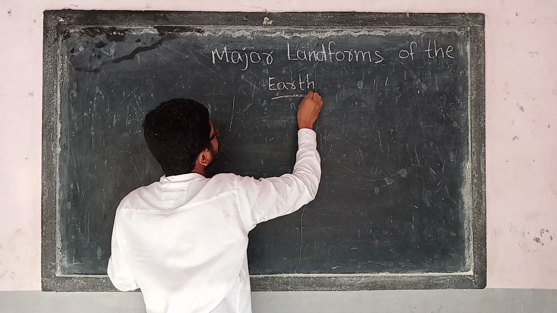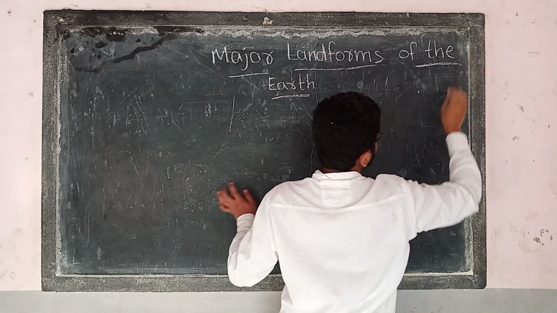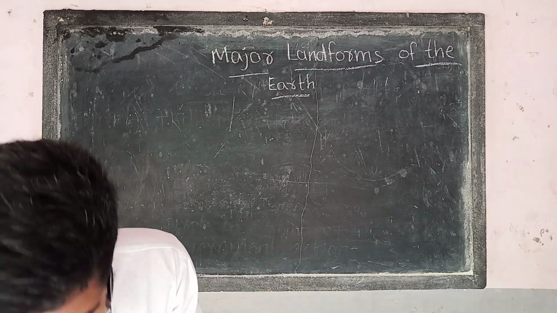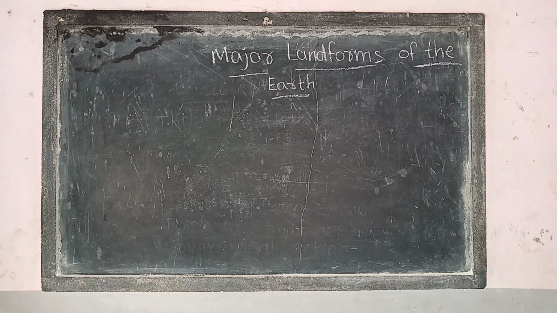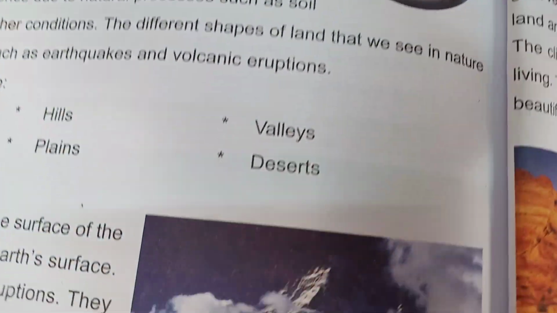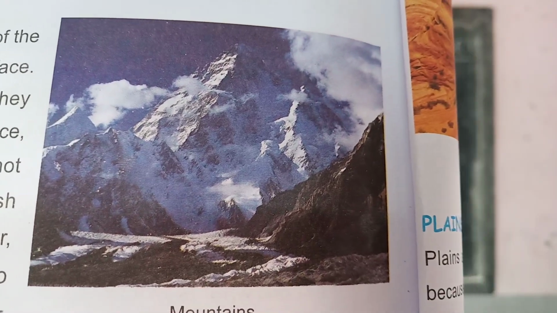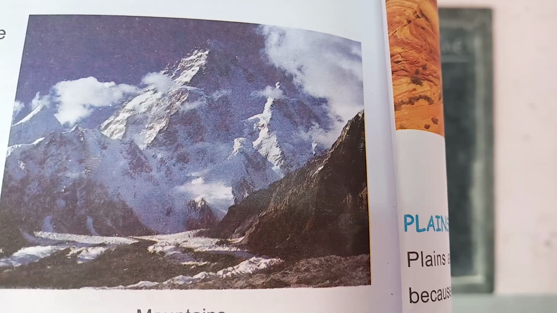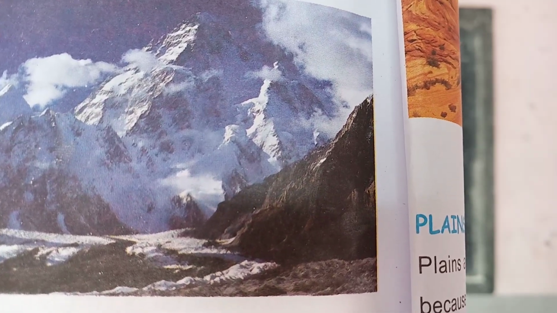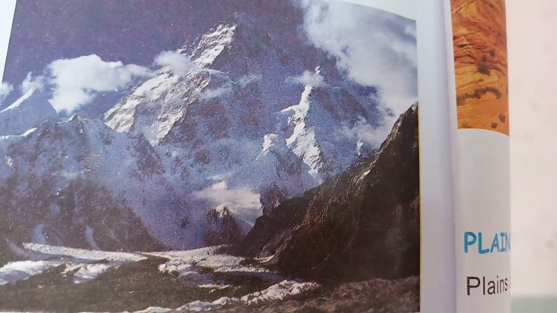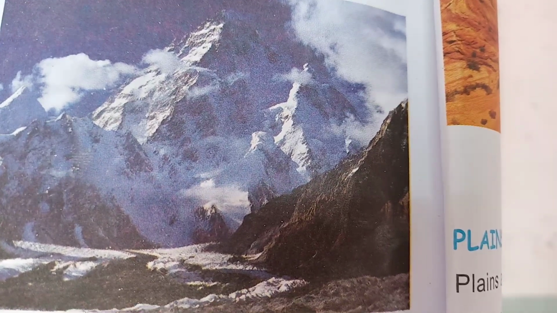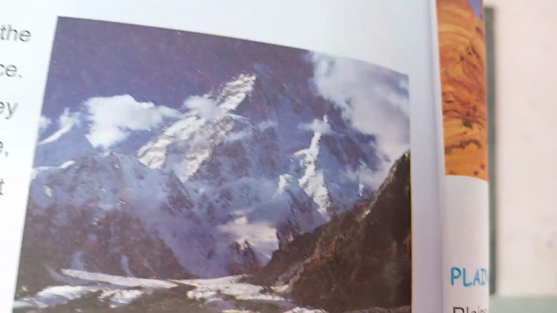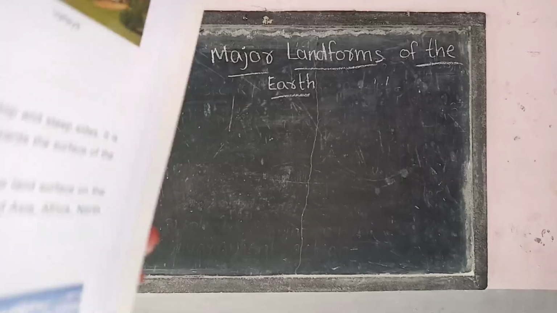In a small way we will revise the previous video. Let me show you. We have discussed about the mountains. You can see the picture which has very high steep, and you can revise again while watching this video. We have learnt about the hills, which are lower than the mountains.